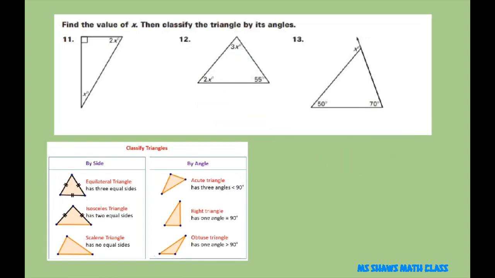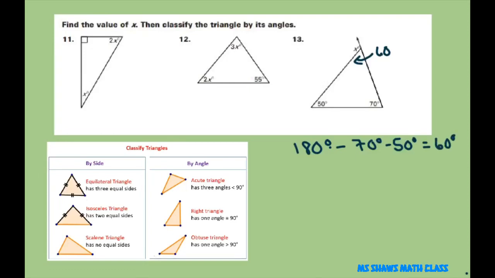Now for the last one, I'm going to take 180 minus 70 minus 50, and I get 60 here. So all I did is I said 180 degrees minus 70 minus 50, and I got 60.